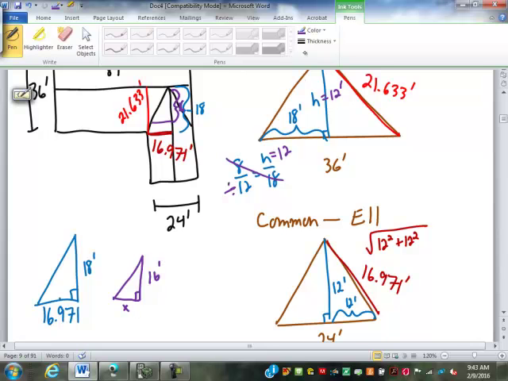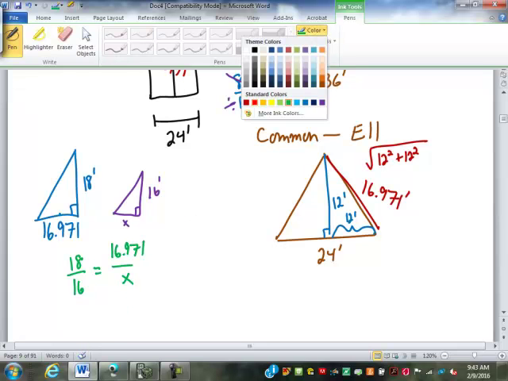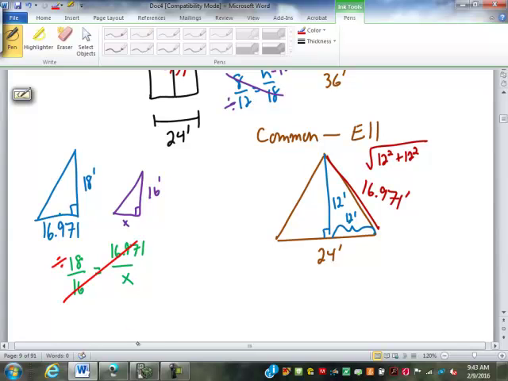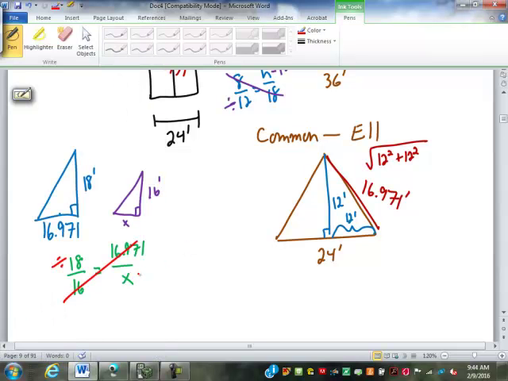So we'll call this X. What's the proportion I'm going to set up? 18 over 16, yep. Perfect, 16.971 over x. We can cross multiply and divide. 16.971 times 16 divided by 18. 15.085.